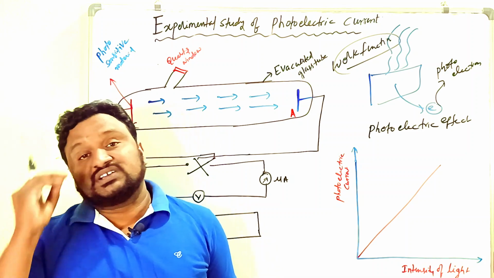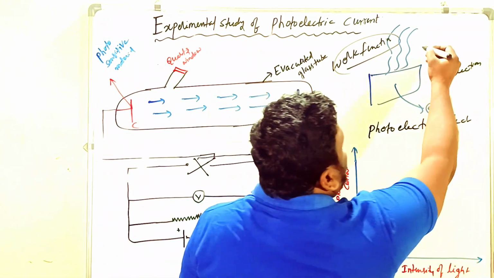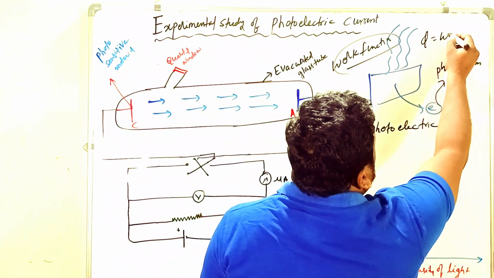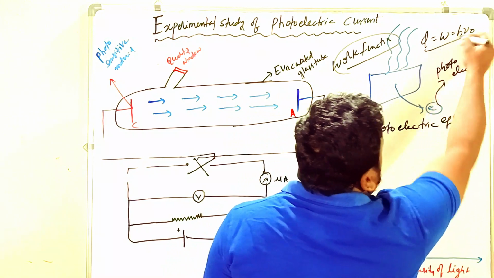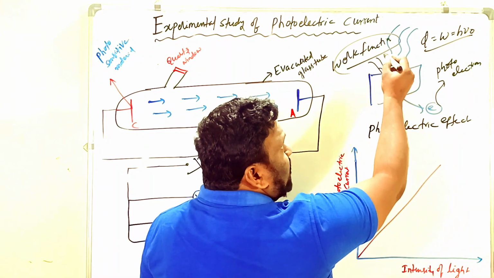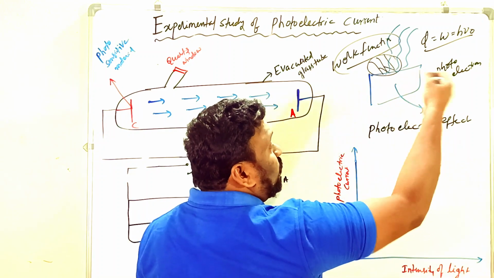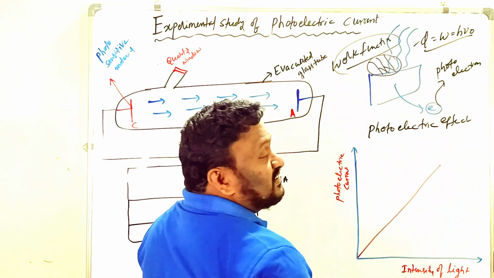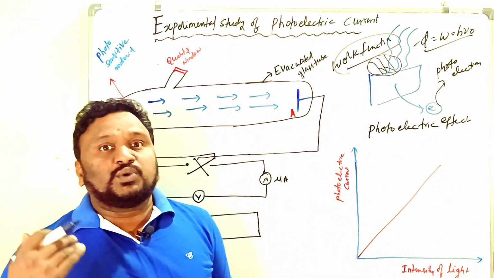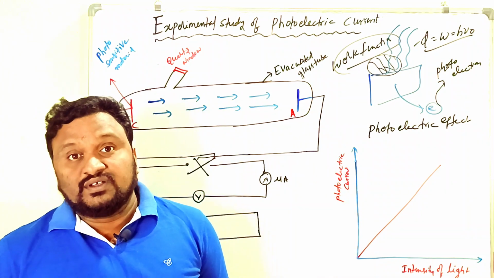The work function is given by the formula phi, or W, is equal to h nu naught. To remove the electrons from the metal surface, a certain amount of frequency is required. The minimum frequency required to remove the electrons from the metal surface is what we call work function.